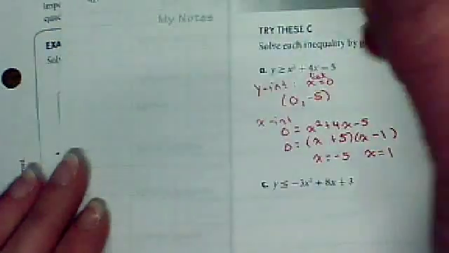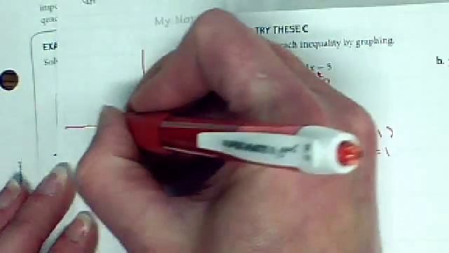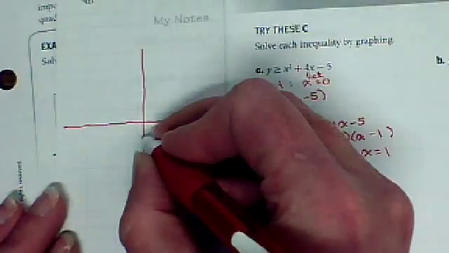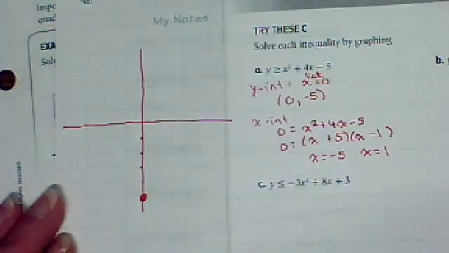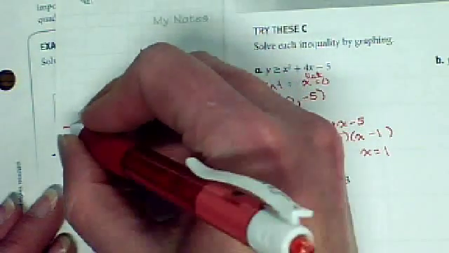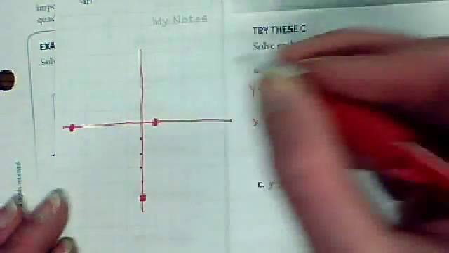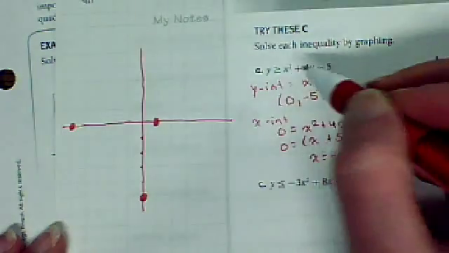So let's think about how this graph would look. Negative 5 for a y-intercept. 1, 2, 3, 4, 5. x is negative 5. 1, 2, 3, 4, 5. And x equals 1. So this graph is going to open up. It's positive.